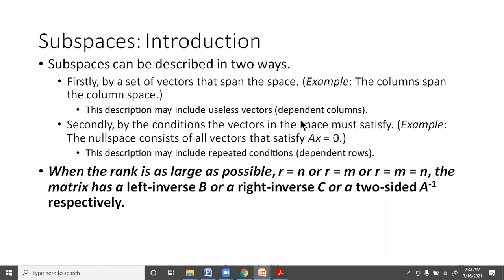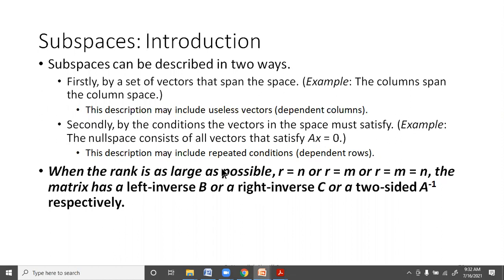That will become a separate condition, a repeated condition. It looks different, but it's just a repeated condition, because it corresponds to a linear combination, as we can multiply both sides by a particular value.